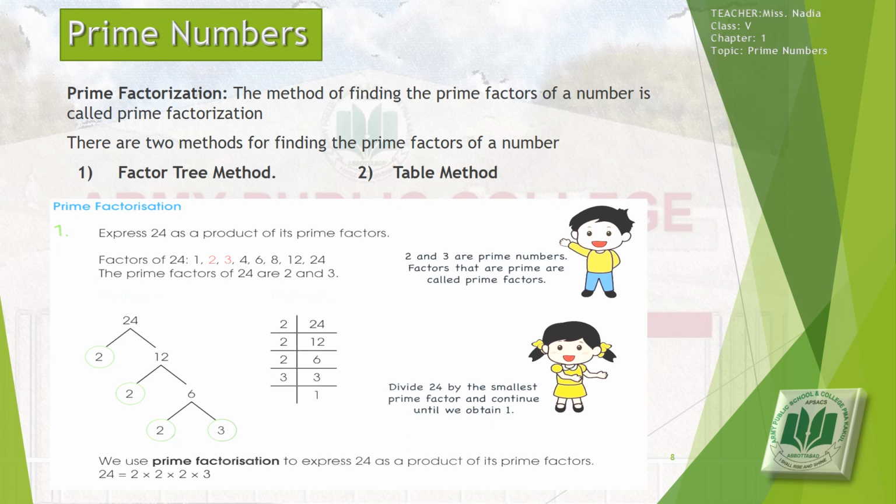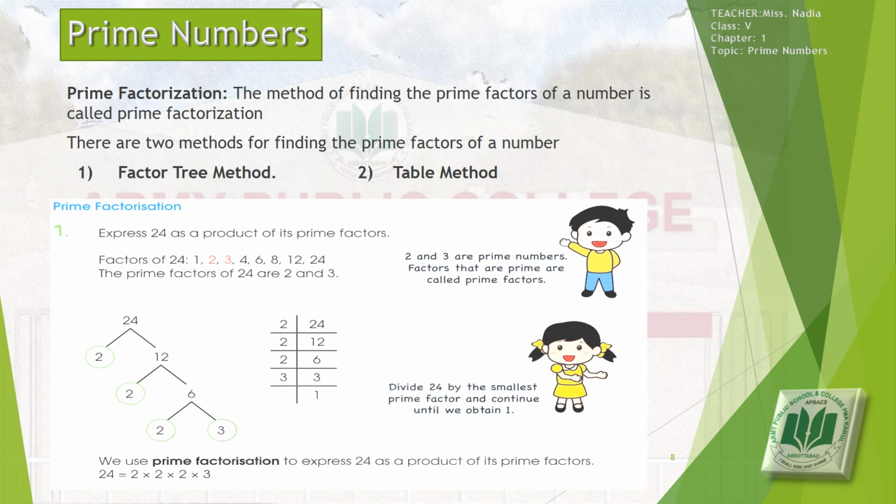Now we will factorize the number 24 by the table method. For the table method, we will draw the table and put the number 24. Now check which smallest prime number divides 24. 2 divides 24, we will take the number 2 and divide it. 2 multiplied by 12 is 24. So we will write the number 12 down below 24.